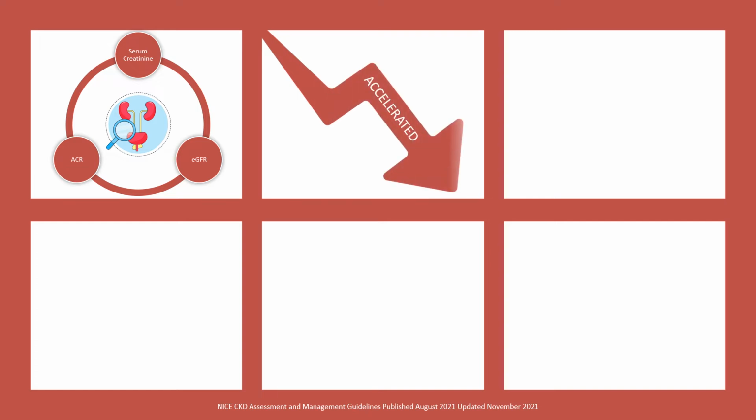Things to look out for: accelerated loss of eGFR. NICE guidance defines that if your eGFR has dropped by more than 25% from its baseline, so let's say it started off at 100 and has now dropped to 72 mL/min, and that has caused a change in category, so they've gone from a G2 to a G3 within 12 months, that's called an accelerated decline.